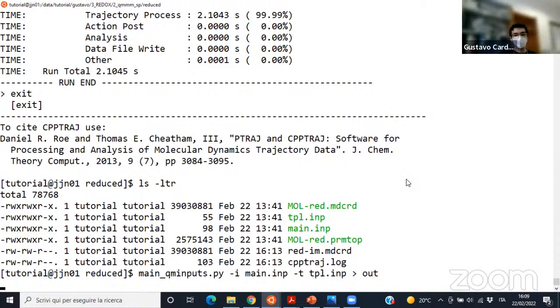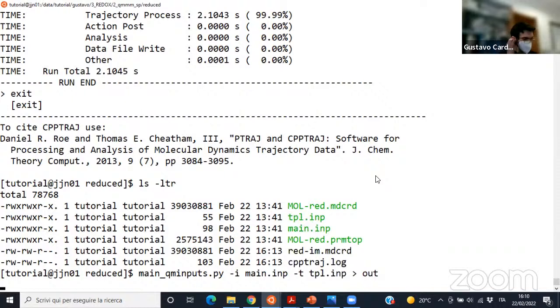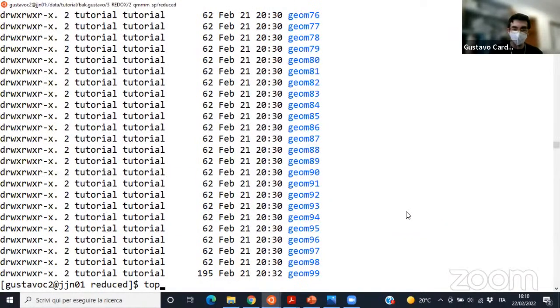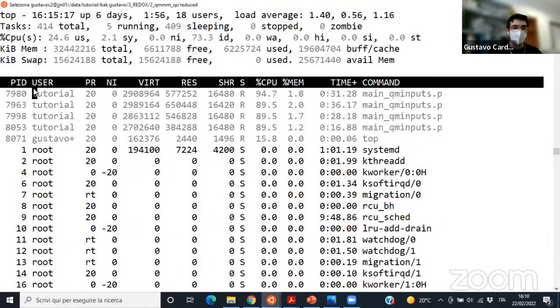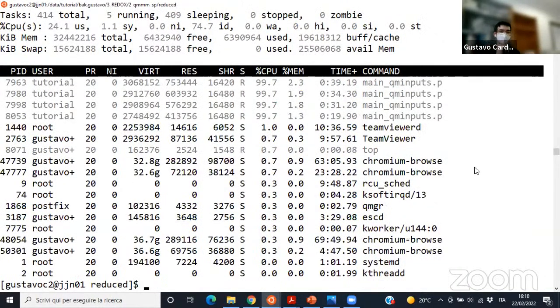The indexing starts from 0, but from 0 to 99, still 100. Let's see how long it is taking. There are still some processes running.